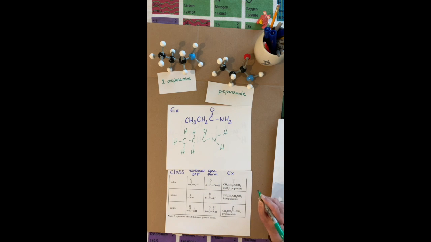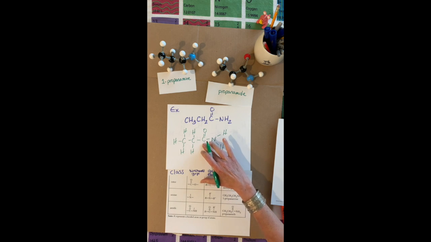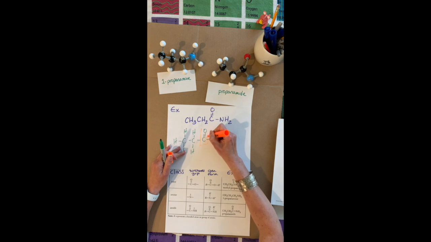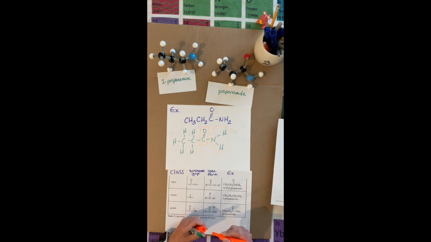Okay, so if we carefully look at this, the amides are a little more complicated because they have an amine group here. But, ooh, they also have a group that hopefully looks a little familiar to you as well, the carbonyl group. Carbonyl and amine group.